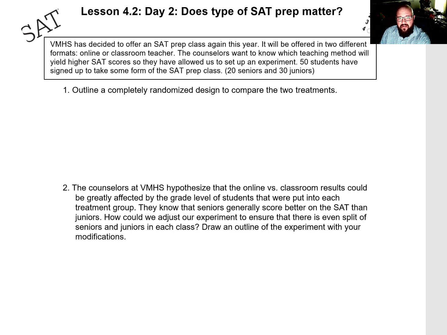And with this, what are our 2 treatments? Well, hopefully, look up here, you can see that we have an online class or a classroom option for the SAT prep class. So for a completely randomized design, we started out with, again, 50 students, right? That's our starting number.